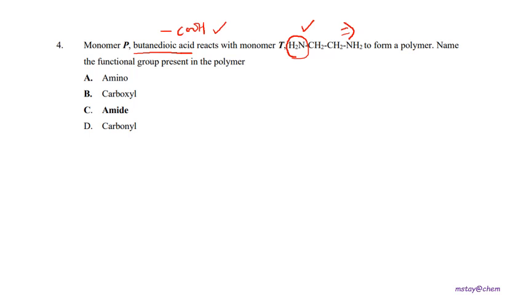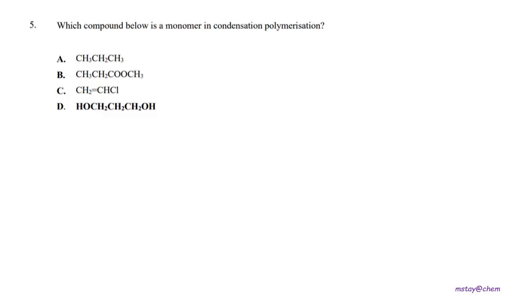Amino acids can form the amide bond or the peptide linkage, which is C double bond O and N H. So amino is not correct, carboxyl also no, carbonyl no. So the answer will be C, amide.